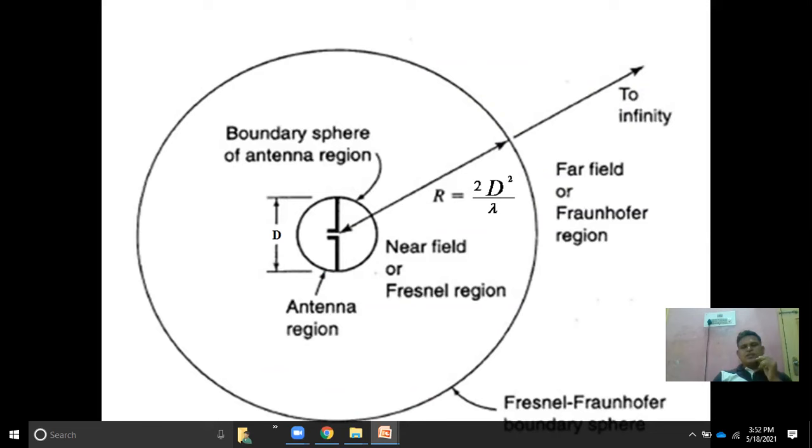For electric field intensity E, we took only theta and phi. Whenever you are measuring the field strength or drawing the radiation pattern in far field, you consider only theta and phi. If it is near field, you have to consider r, theta and phi.